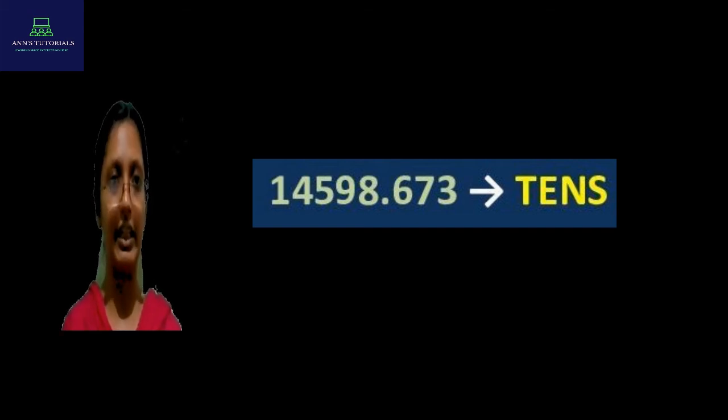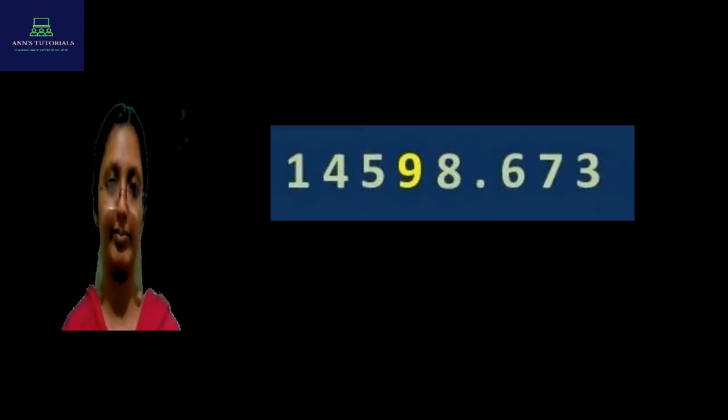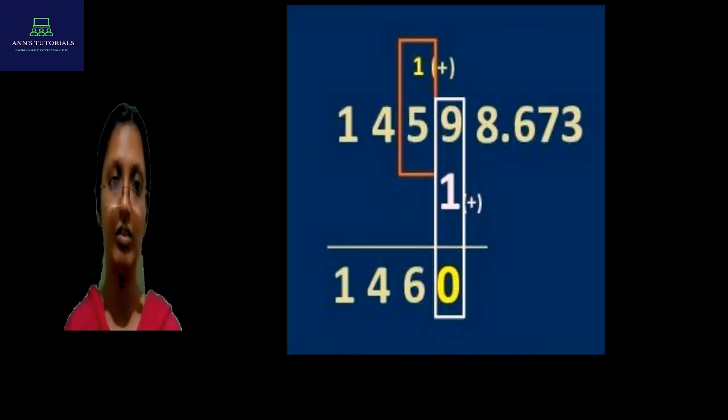Here, we have one more example. Let's round the number 14,598.673 to the nearest 10. Here, the digit in the tens place is 9. Now, we will check the digit which is right next to it, and it is 8. So, what do we need to do? We will round up. So, we will add 1 to 9 and we will get 10. So, what do we need to do now?